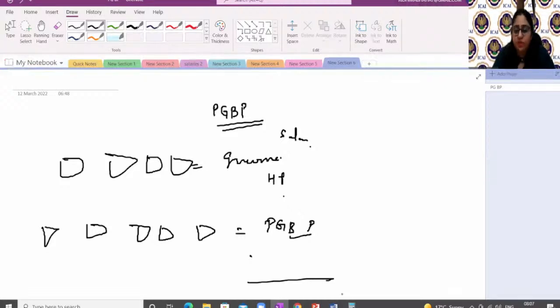Another thing, vocation. The word vocation is a very wide term. As per dictionary, vocation can be any activity which is conducted to earn a livelihood.